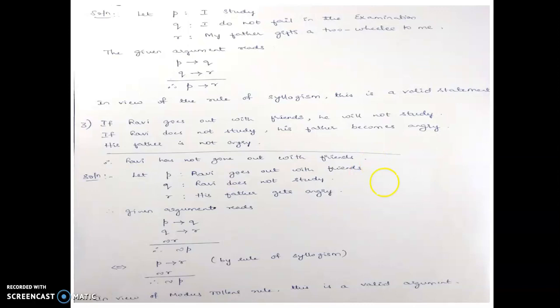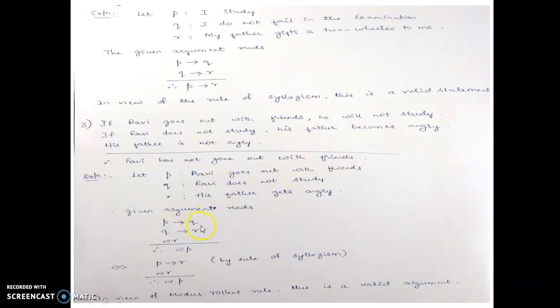So according to the statement, if Ravi goes out with friends, he will not study. That is P conditional Q. He does not study and he will not study both mean the same.